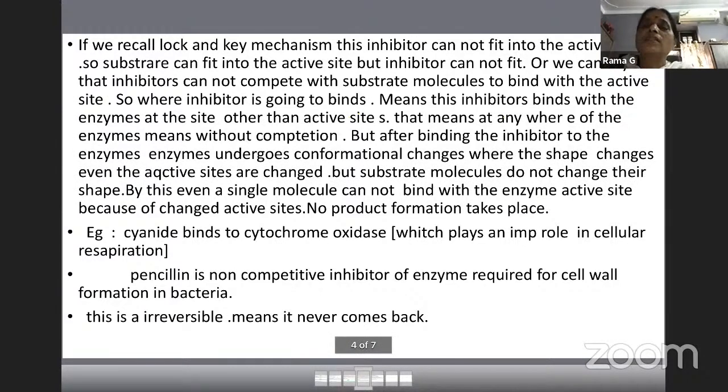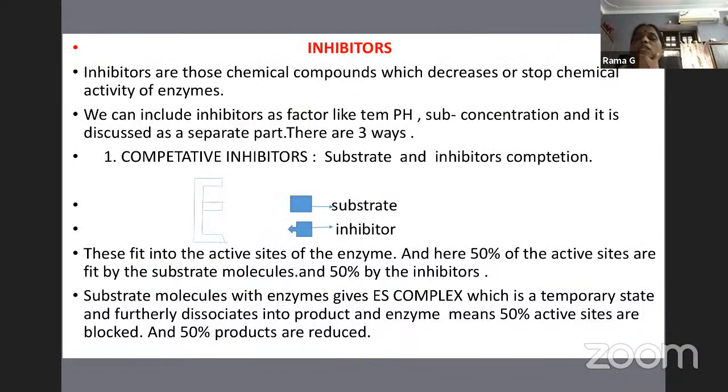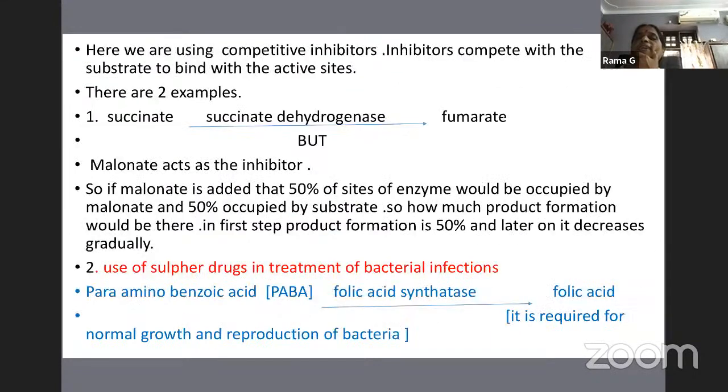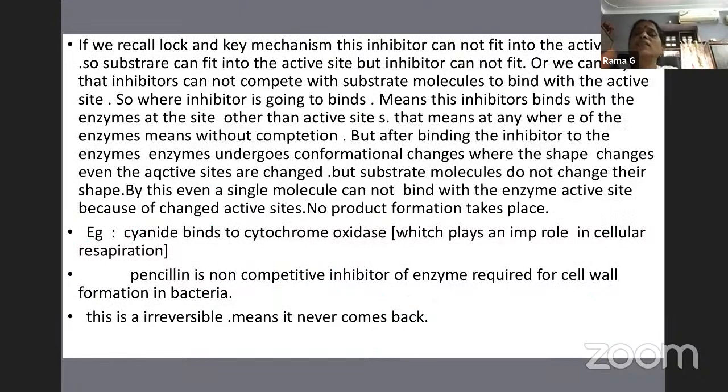So this is irreversible. Just now we discussed that competitive inhibitors are treated as a reversible reaction. Why? Because as the substrate concentration increases, the reaction comes back again. So it is reversible. But non-competitive inhibition is irreversible.